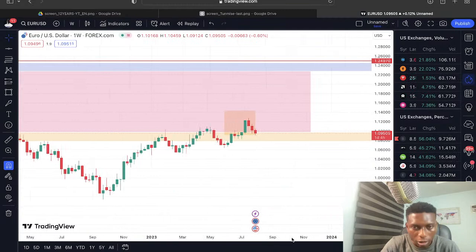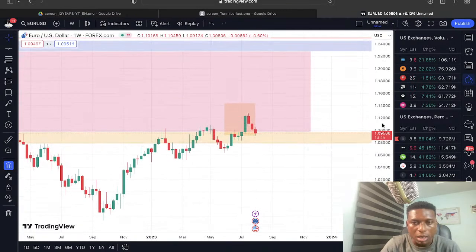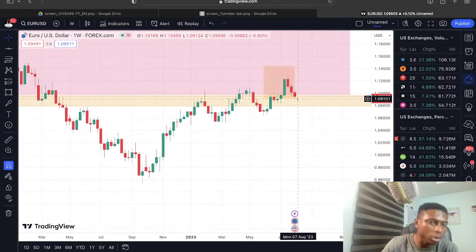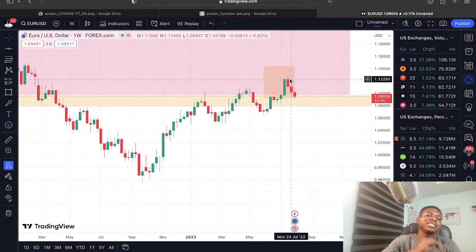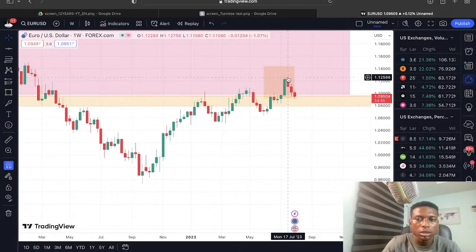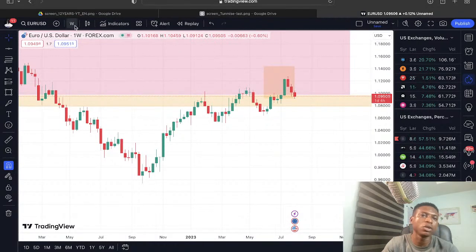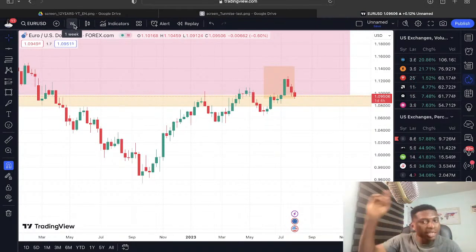A pullback was experienced. However, the pullback has been consistent for the past 3 weeks. Now this has confirmed the breakout to be a fake breakout, because if it's not a fake breakout, most likely the first pullback or the second pullback would have made price keep going back up.